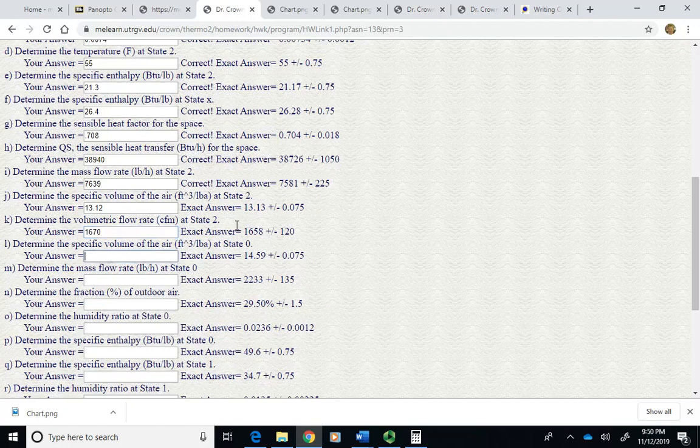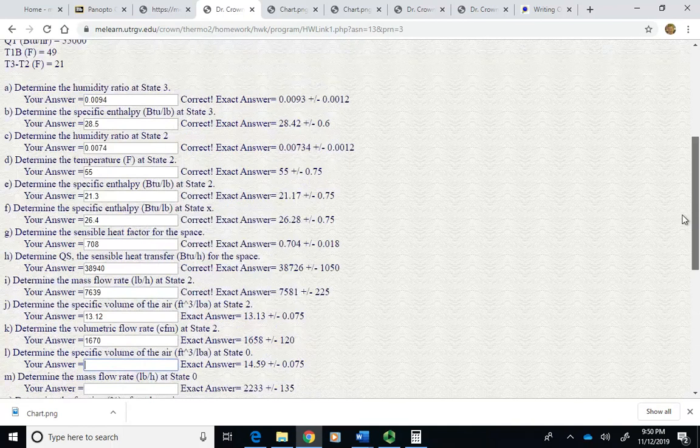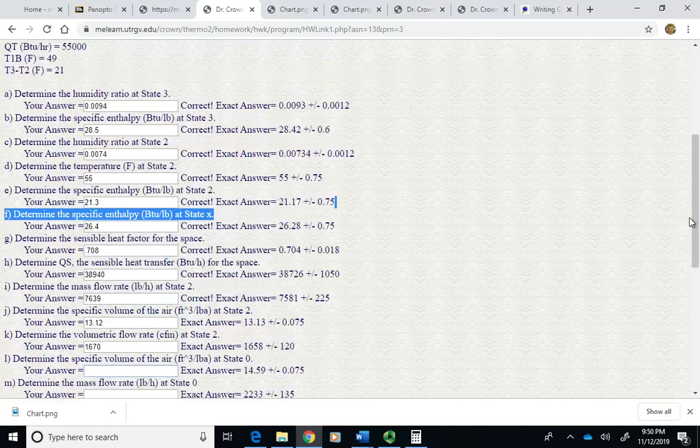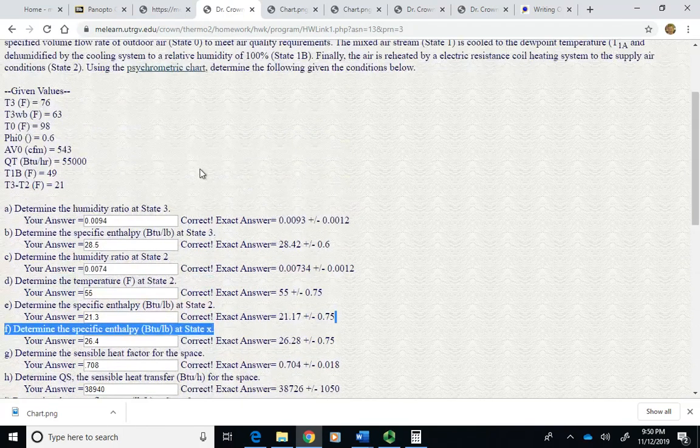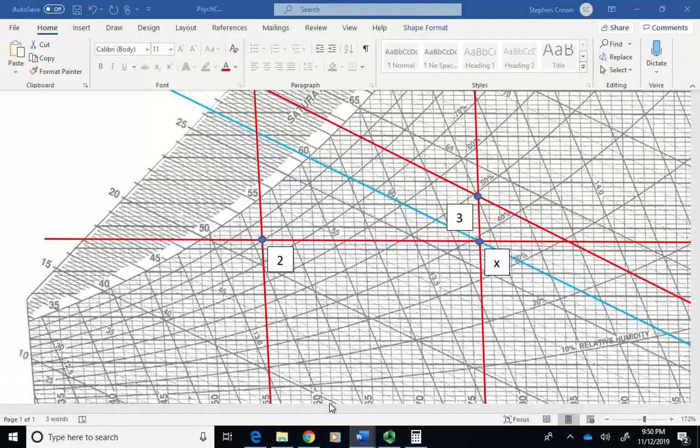Okay, now we need to find state 0. So state 0 is 98 degrees and 60% relative humidity.